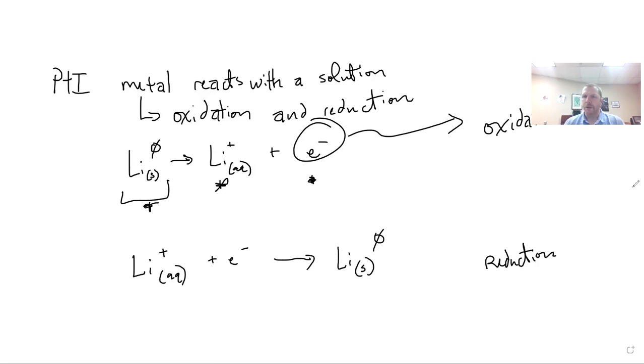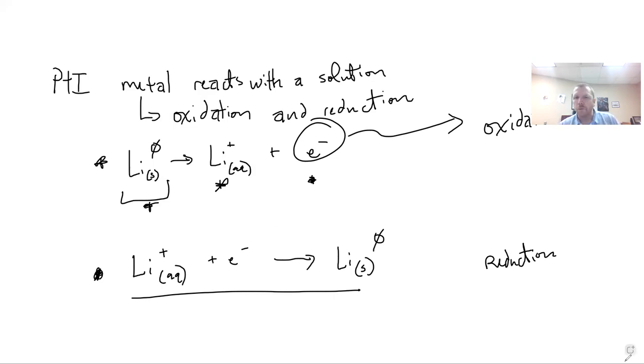So to put it simply, oxidation is when something loses an electron, whereas reduction is when something gains an electron. So one way that you could say this top reaction is solid lithium gets oxidized. One way that you could sum up this reaction on the bottom is you could say that this lithium ion was reduced. So that's kind of the principle upon which we're looking at our reactions.